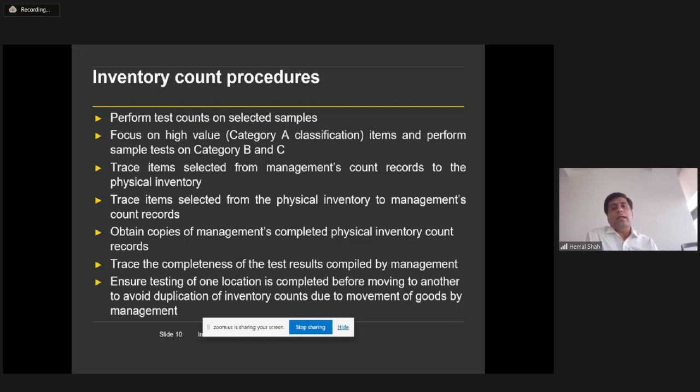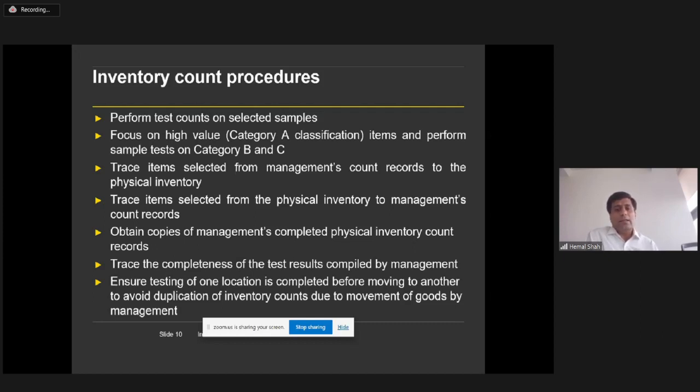By analyzing those, the auditor can make out which are the critical items in terms of high value, high quantity, and can devise the entire methodology: where to focus, which items to focus on, where the auditor can find non-moving items and slow-moving items. Then the auditor can perform procedures which are sharper as compared to the general procedure. So my suggestion would be that a senior or a partner should spend more time on planning the inventory rather than just leaving it to the team.